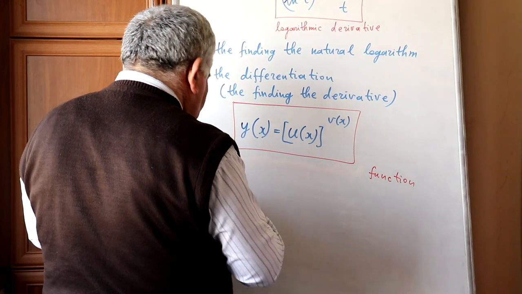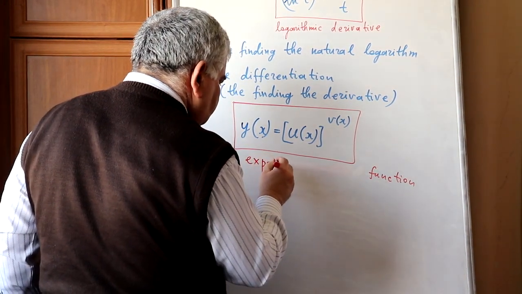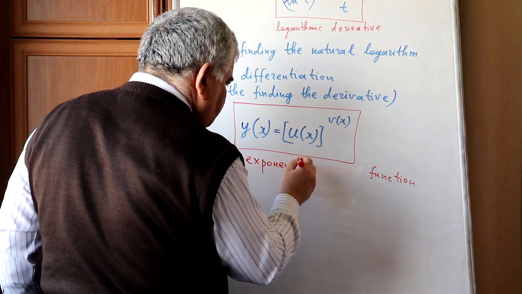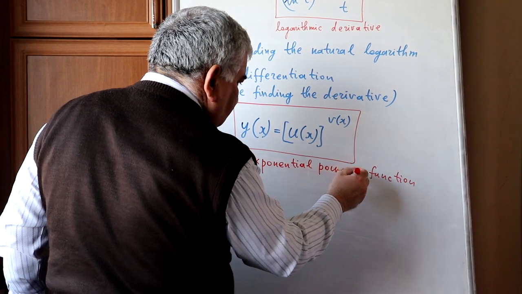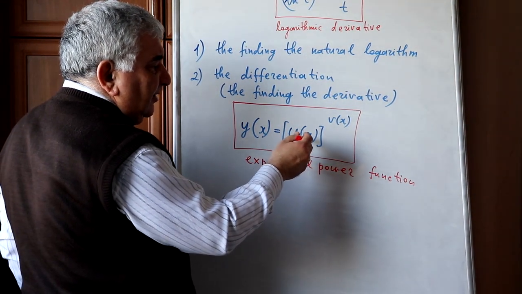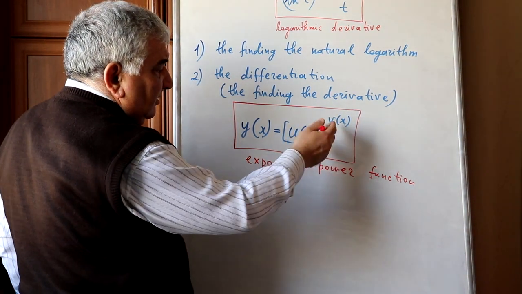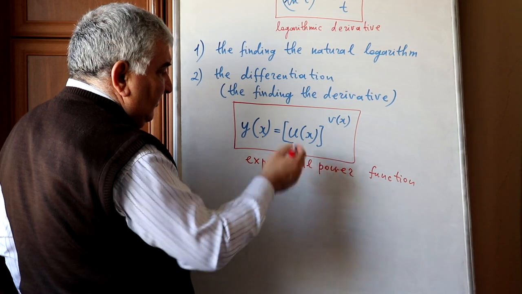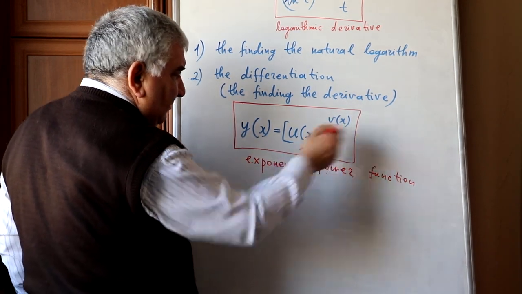Here, the base is a function of x, and the exponent also is a function of x. Therefore, such a function is named exponential power function.